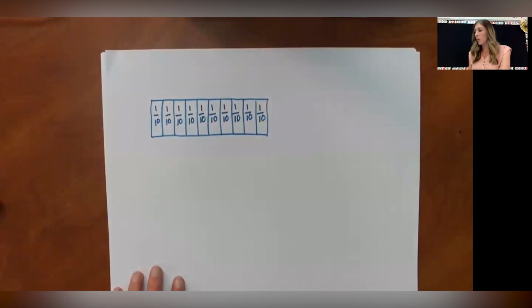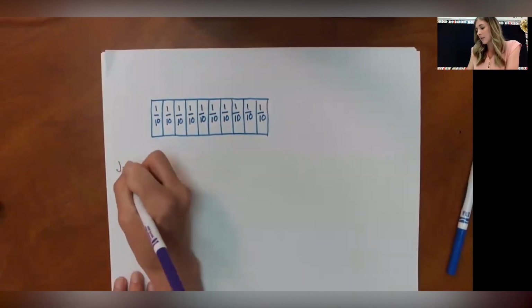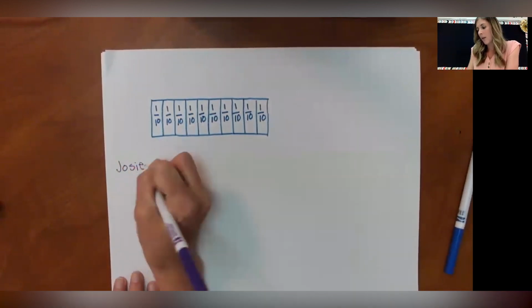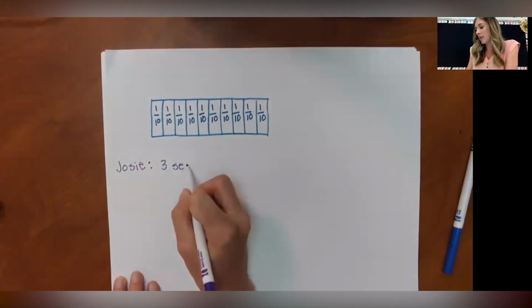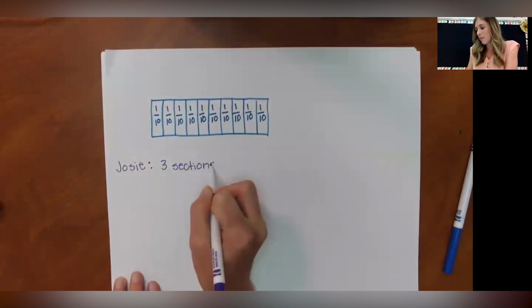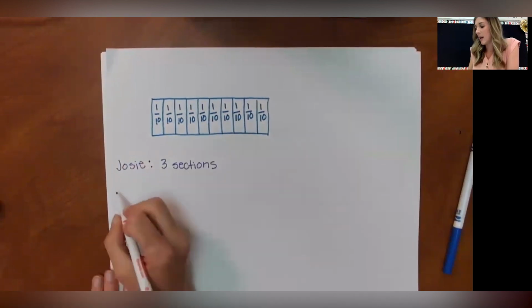And I'm going to tell you we've got two friends painting this fence. We've got Josie painting some on the fence, and she wants to paint 3 sections of the fence. And we have Margot painting some on the fence.